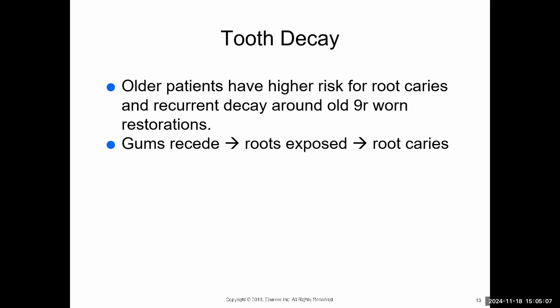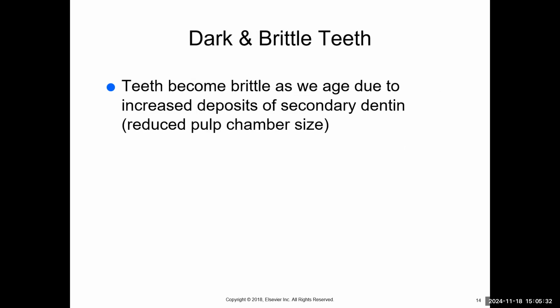So if you remember from your teeth drawings that you're doing, or from DNA 108, the anatomy of the tooth, there is no enamel on roots. And remember, what is the hardest substance of your body, more than bone? It's enamel. So roots are meant to be buried in gums and bone. So when the gums recede, or even the bones recede, then the roots are exposed, and so they get caries.